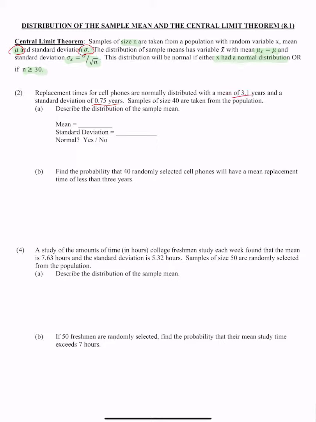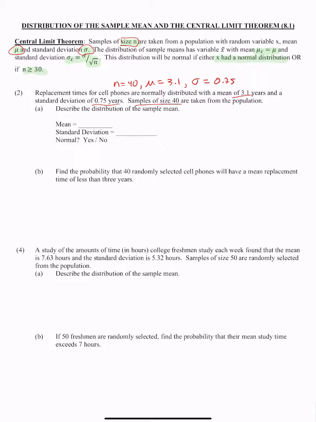It then tells us samples of size 40 are taken, so n is equal to 40. So I usually just write above these: n equals 40, the mean is equal to 3.1, and the standard deviation is equal to 0.75. All right, so that's where we start. We always have to have those three things.